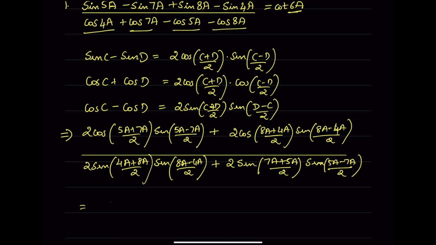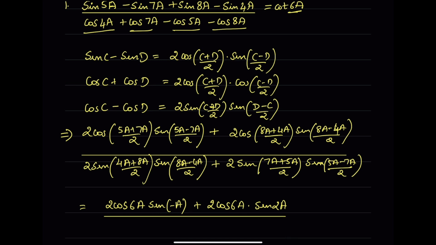So we would get 2 cos 6a and sine of minus a, plus 2 cos 6a times sine of 2a. So that is our numerator. And the denominator would be 2 sine 6a times sine of 2a and plus 2 sine 6a times sine of minus a.